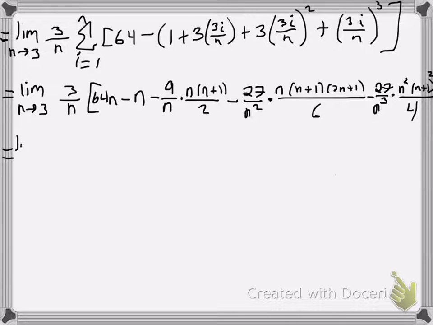Okay, so the limit as n goes to infinity, and the 64n minus n is going to be 63n, and then when we multiply it by 3 over n, the n's are going to cancel, and you have 63 times 3, which is 189. For the next piece, we're going to cancel those n's out, just because they're easy to cancel.